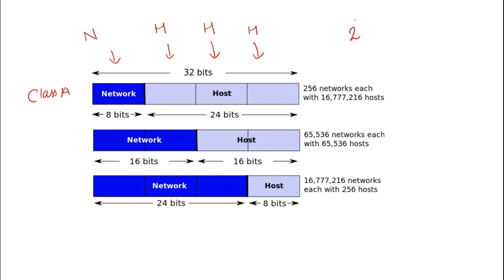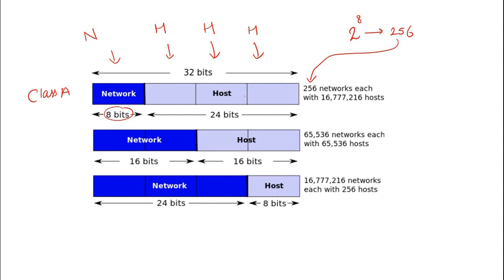In class A, we have 8 network bits, because in one octet we have only 8 bits. So 2 to the power 8 gives you 256. That's why there are 256 networks in class A.